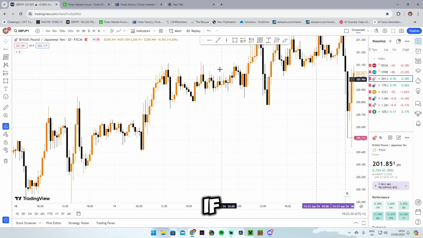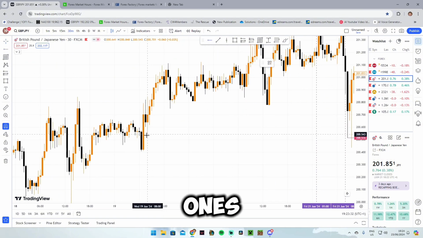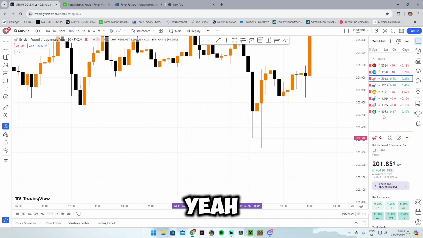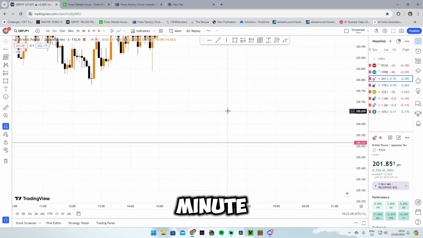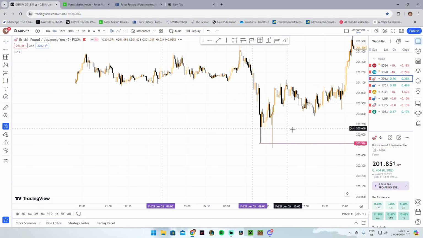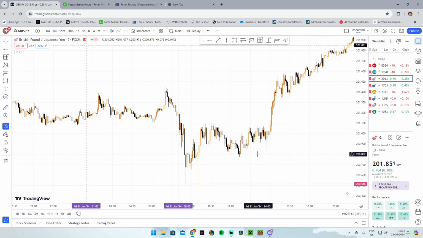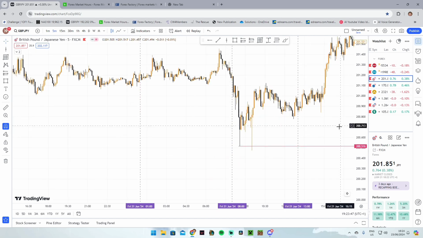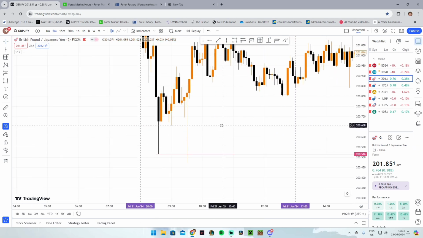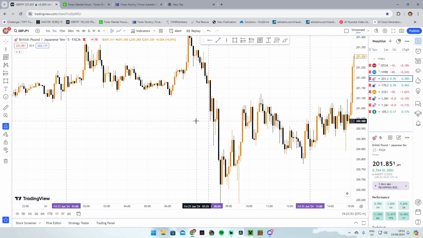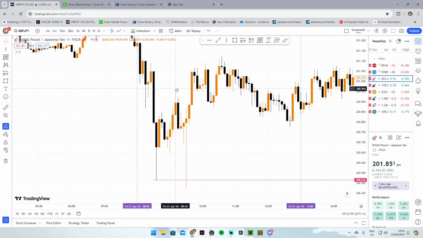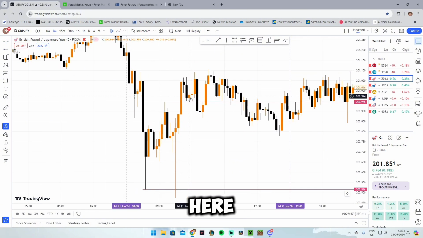And if you didn't account for these ones happening, whatever, and you only saw this sweep happen, boom, 5 minute, go inside. Anyways, this sweep happened. Get a little breaker structure here.